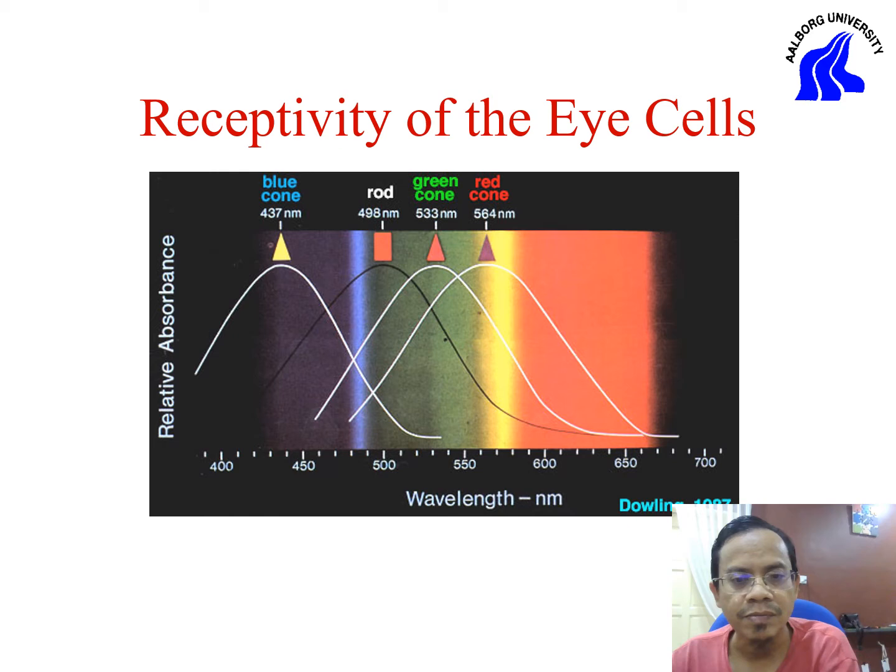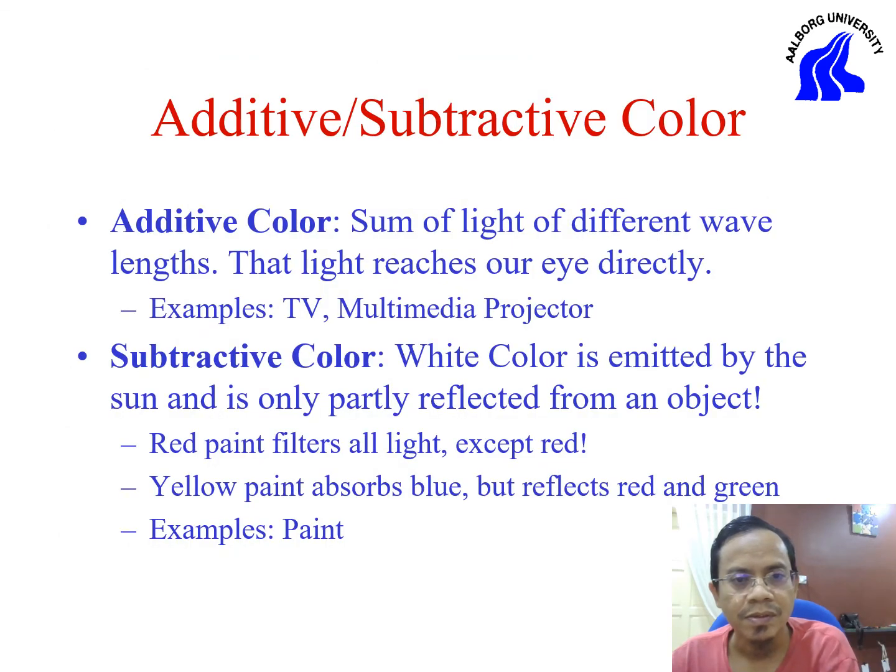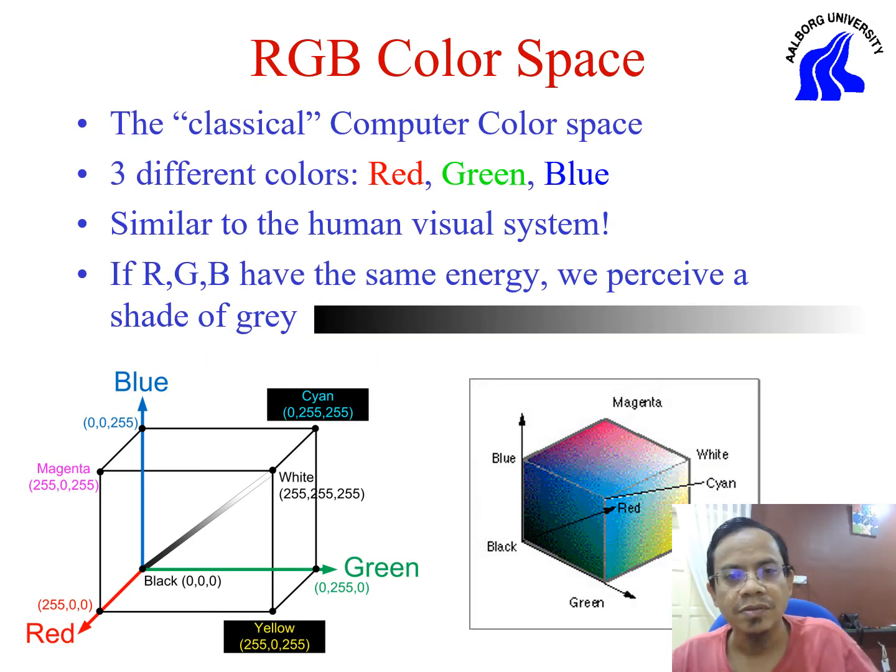This is the same slide as before. This is the wavelength of colors. We have additive and subtractive color. So this is the RGB color space.